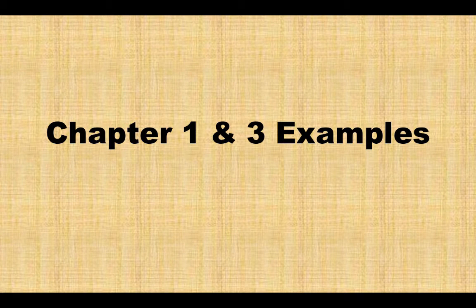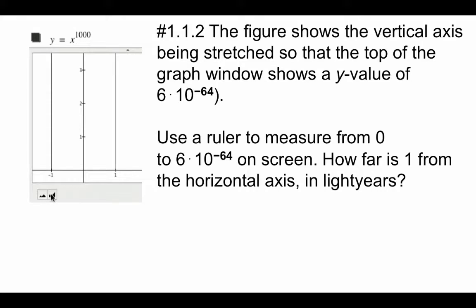So we ended today with going over a couple of examples from Chapter 1 and Chapter 3. One question that people really had was on number 1.1.2, where the figure shows the vertical axis being stretched until finally you get so zoomed in on this graph that the top value of the graph shows a value of 6 times 10 to the negative 64.